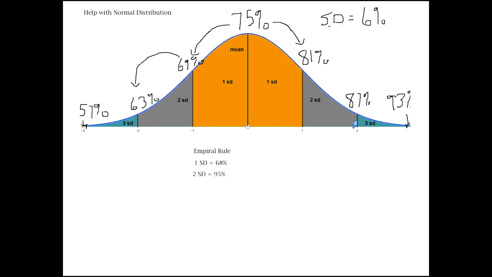Now, just to be clear, what that means is 95% of your data would be between 63% and 87%. I didn't really make that 7 very good, did I? So 87% to 63% has 95% of our class within it, which means outside of that is 5% of the student population, meaning people that got worse than 63% for a grade and people that got better than 87% for a grade.